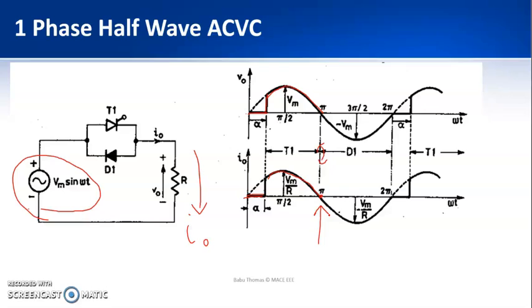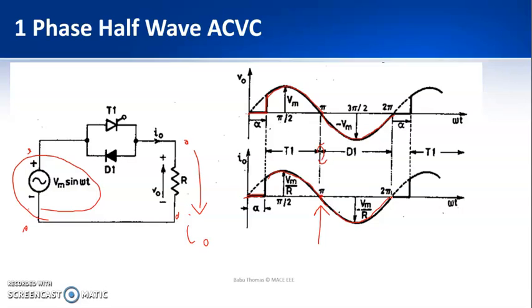Whatever the input voltage is will appear across the load. Here you get your output voltage like this, and the current also follows the same way as the input voltage, because it is Vm by R, a resistive load. The angle between the current and the voltage is the same.